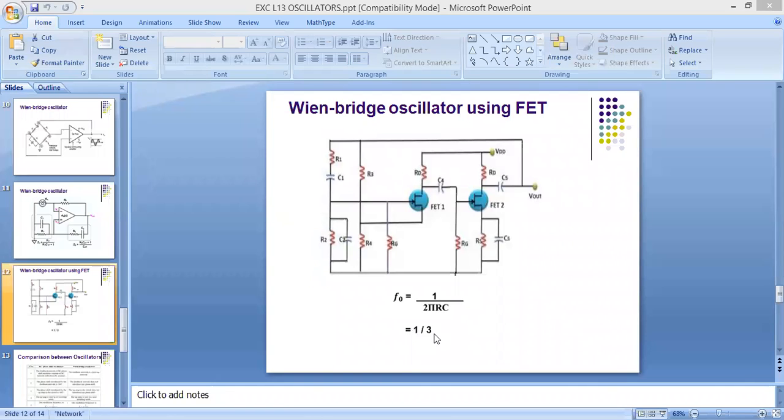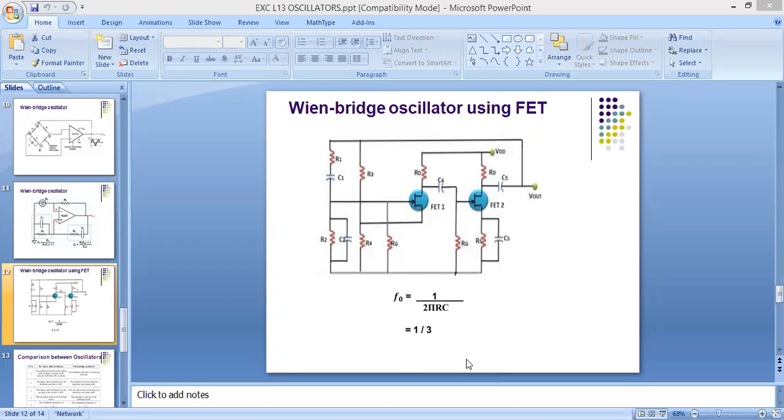So to fulfill the Barkhausen criteria, we have to take AV as 3. Due to this reason, we are using a lead and lag network. So we will get feedback attenuation of 1 by 3 and gain of 3, so we get the multiplication of A into beta. That is nothing but the Barkhausen criteria.